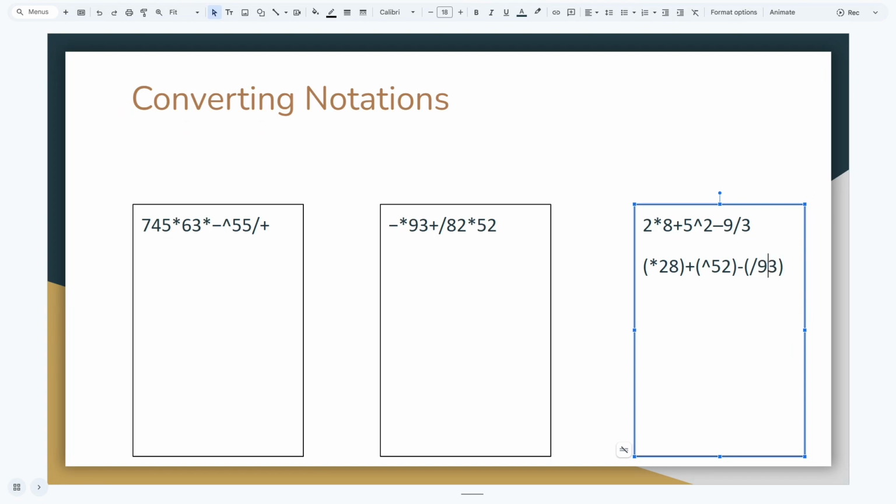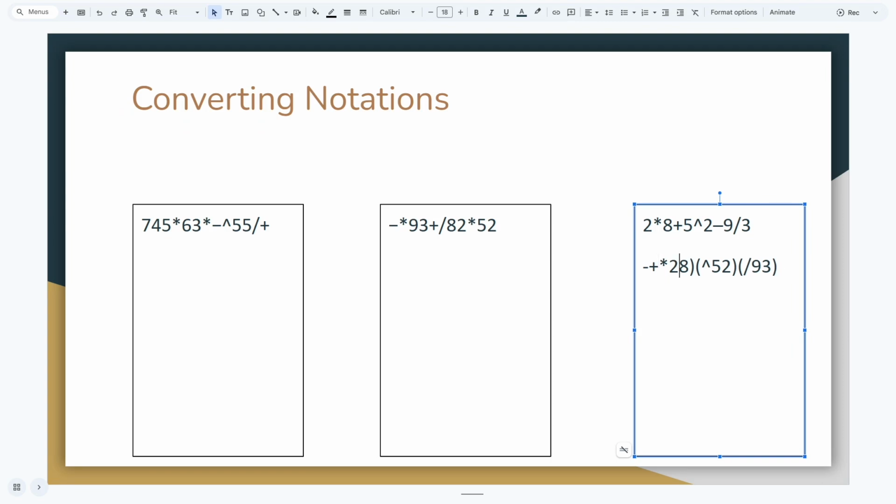And now we have nothing more left, so we start over again from left to right. And plus and minus, subtraction and addition have the same precedence, but we go from left to right. So first we'll move this addition to the beginning and then the subtraction. Notice I'm not putting brackets because it's not needed.